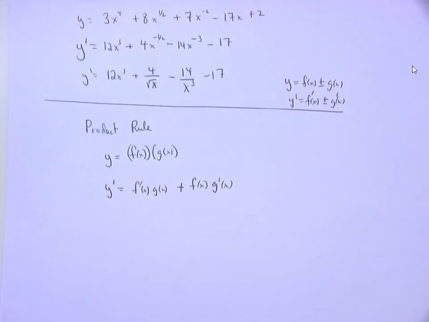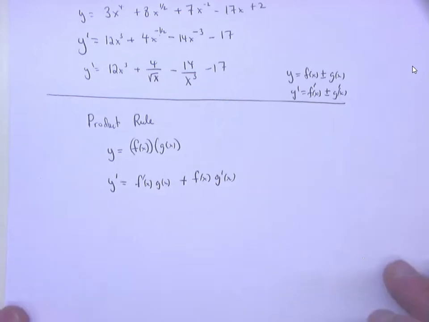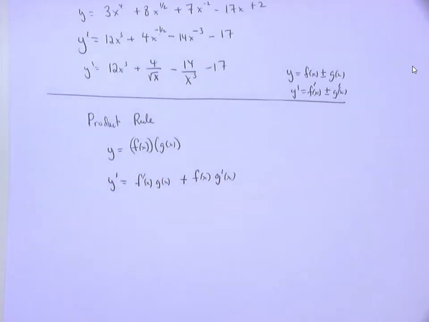In these next couple of sections, I'm going to be going over a lot of different rules. And so this f prime g plus f g prime, they're going to get confusing after a while. That's why I insist that my students not just know the formula. Knowing the formula is awfully helpful, but so are the words. In my mind, it's math poetry.